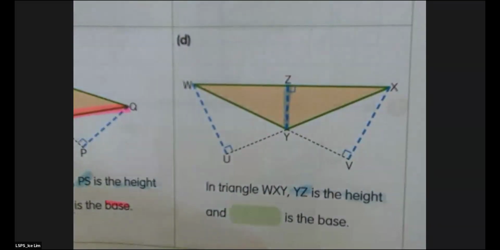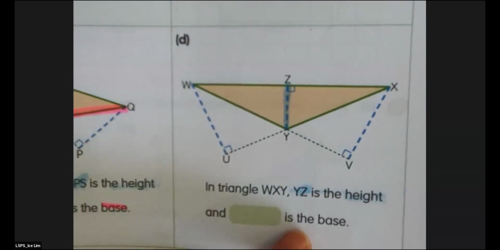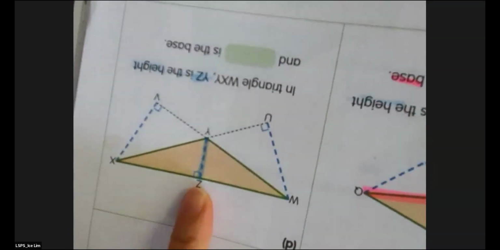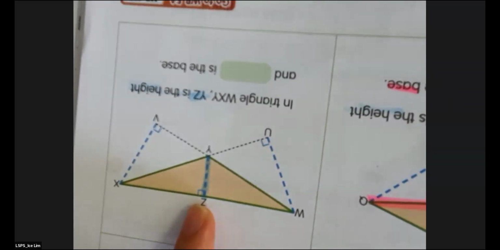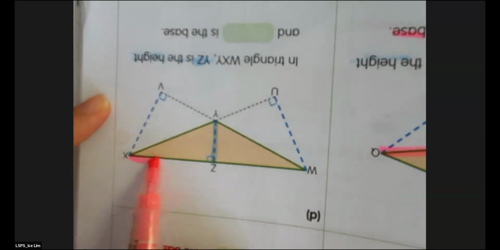If this is the height, I'm turning the triangle all the way so it's standing on its height and sitting on its base. So if I specify YZ to be the height, the base is actually here.